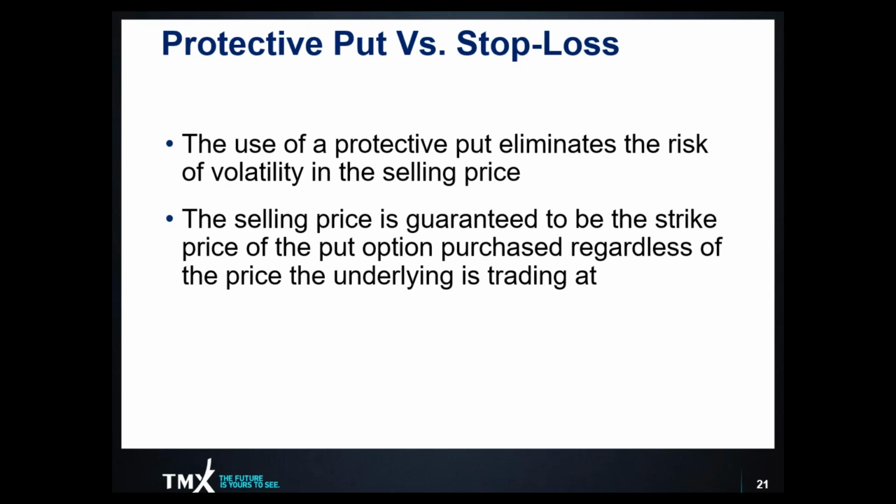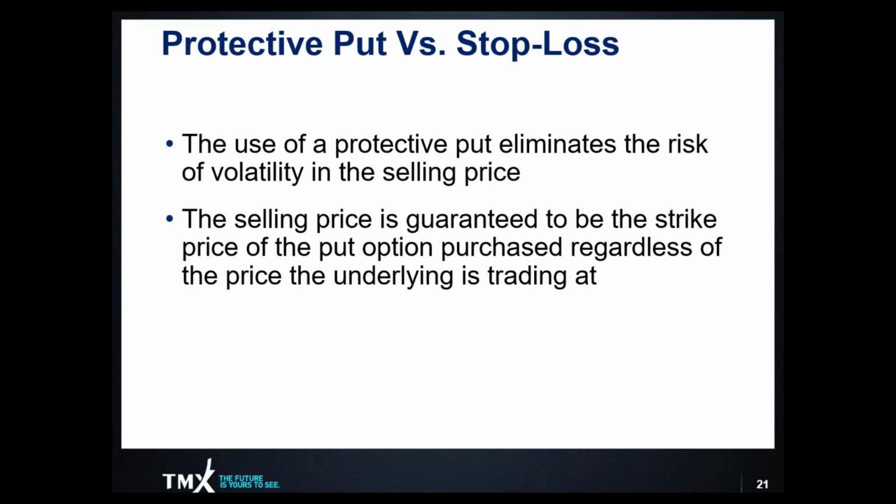So what the use of a protective put does is it eliminates the risk of volatility in the selling price. So understand that the protective put trades completely independent of the underlying securities, and so because of that, we can hold that in place, and no matter what the underlying shares do, it is up to us ultimately to decide whether or not we want to exercise our right to sell the shares.